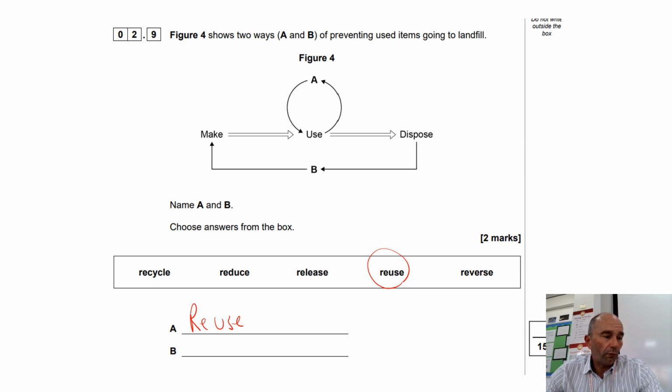And then, of course, part B, we're disposing of materials, and then we're making them back into new materials. Well, that is what our recycling is all about. So again, you need to get those answers in the correct order, but it should be 2 nice, fairly straightforward marks. That whole question, quite a big question, is worth 15 marks, so hopefully you got 15 out of 15 on it.